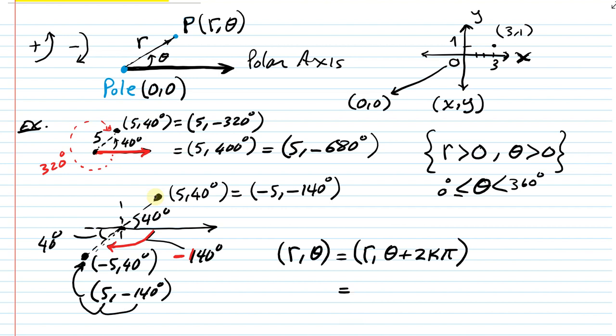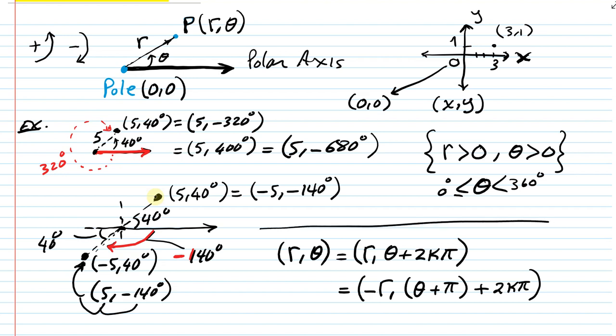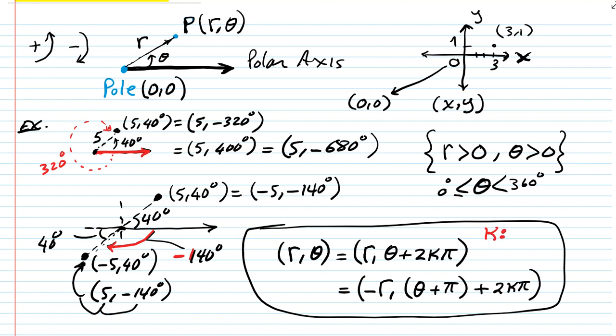And if you want to have a negative radial distance r, you can use negative r and then use theta plus pi for the measure of the angle, and then of course plus 2k pi for subsequent rotations around the circle. So we can do that. This would be the general representation, and notice this is an infinite set, right? And by the way, k, as I've mentioned before, in all our notations, k has been an integer.